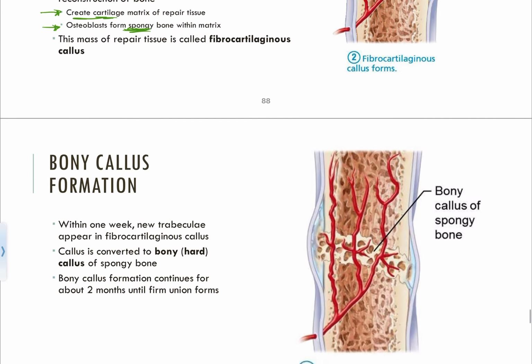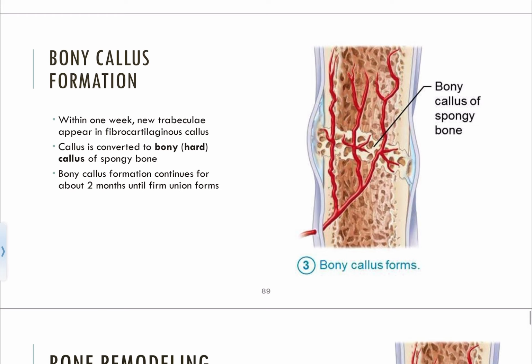The next step is bony callus formation. We've laid down our cartilage, and now we need to come in and actually lay down some bone. About a week later, our osteoblasts start forming our trabeculae with our spongy bone. Our cartilaginous callus is now converted to a hard callus, or a bony callus, of spongy bone.